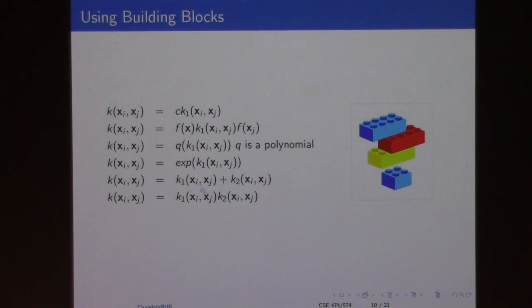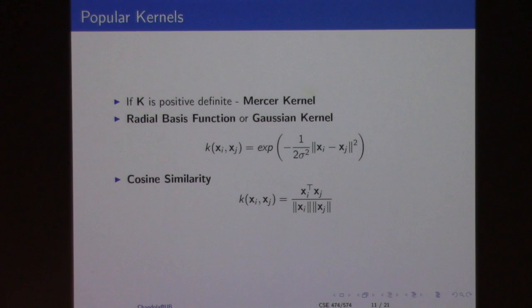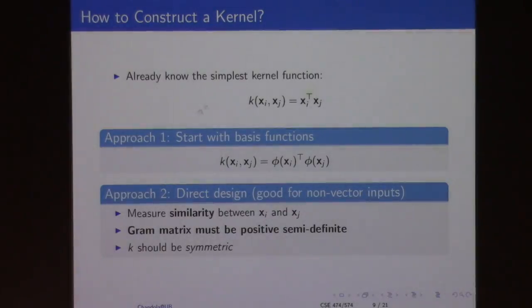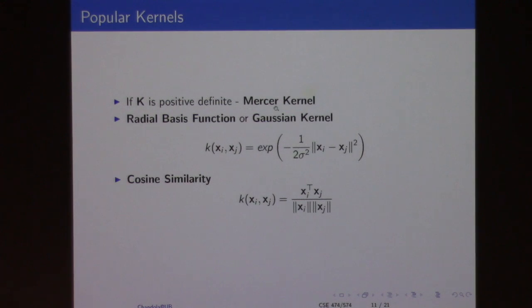You can multiply them, take the exponent, take a polynomial of that, or multiply it with a vector. So you can do all kinds of things, and suddenly you have a whole suite of kernel functions that you could use. But the basic idea is the same: you replace the inner product that you see in linear regression with this kernel function computation.